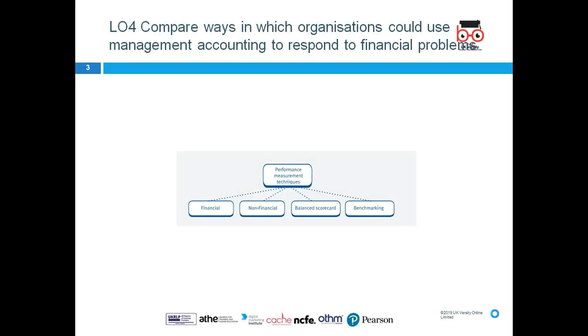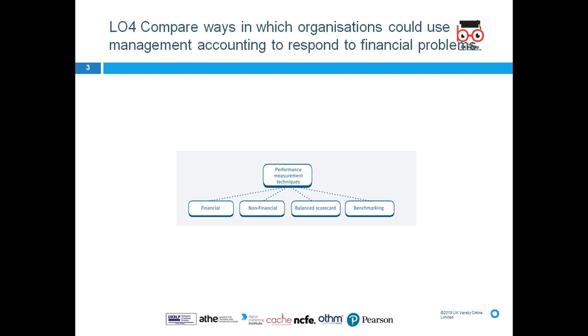So performance measurement techniques: financial and non-financial. For financial, you're looking at cost, revenue, and return on investment. Non-financial is where we're looking not just at monetary terms, but at quality, customer satisfaction, and social responsibility.